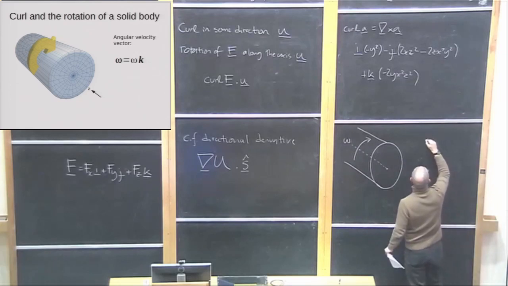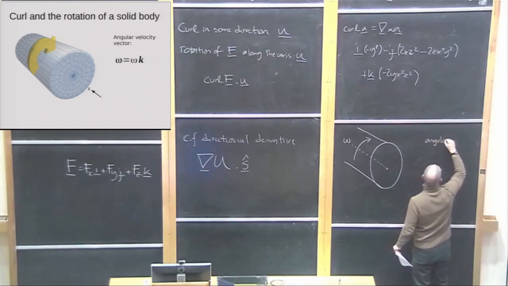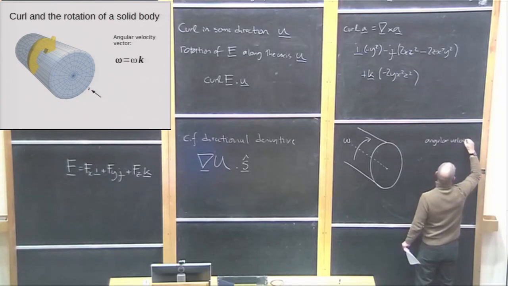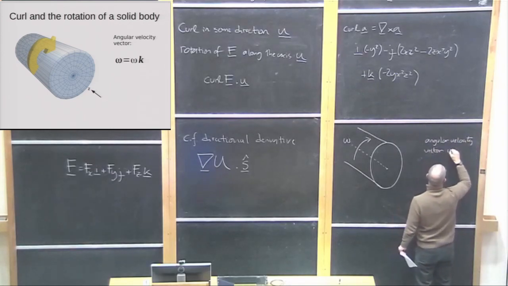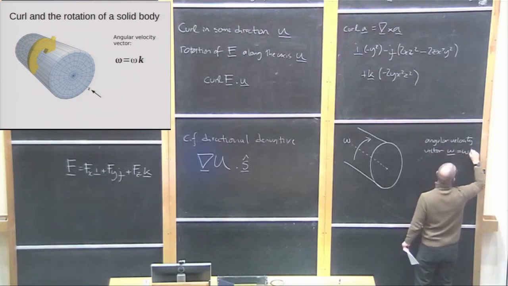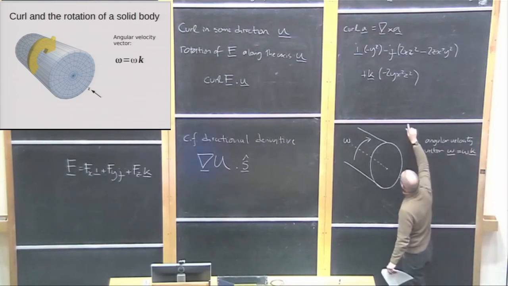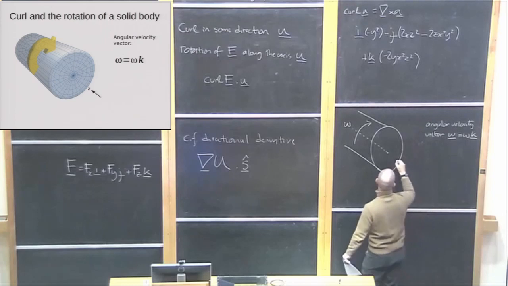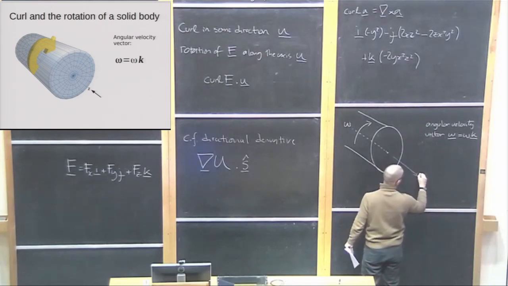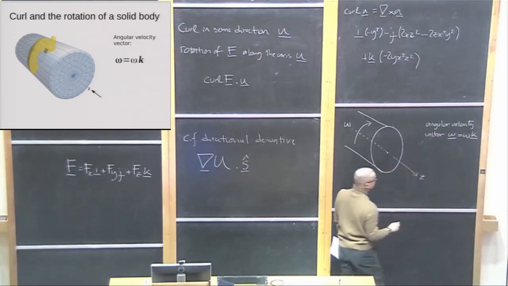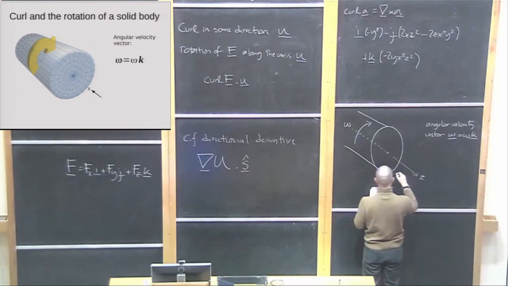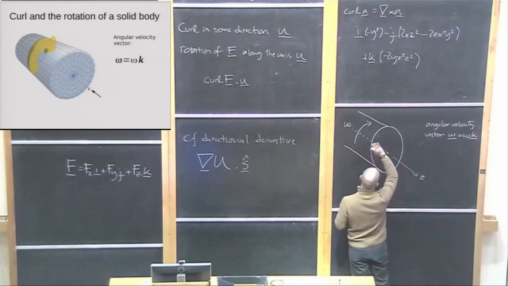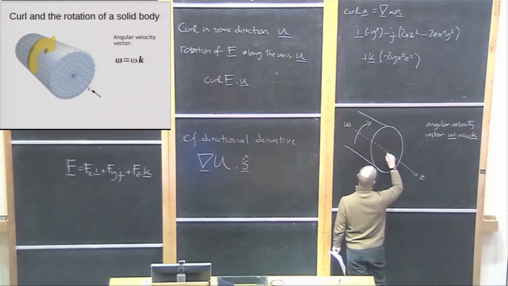And this means that the angular velocity vector is omega in the k direction, and that is because we are choosing this to be our z direction in this example. And we are choosing the xy plane to lie in the plane of the end of the cylinder, okay?